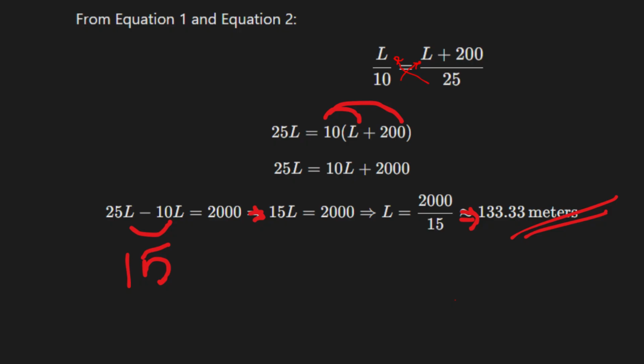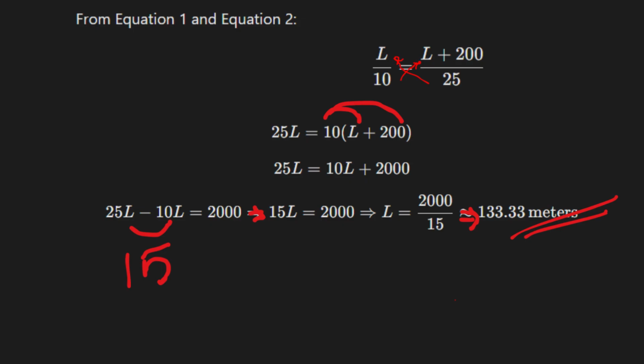Equation 1 and 2 are the same, so we are cross multiplying. 25 will go this side and 10 will come this side. So we got 25L is equal to 10 into L plus 200. If we put this 10 inside, we will get 10L plus 2000.